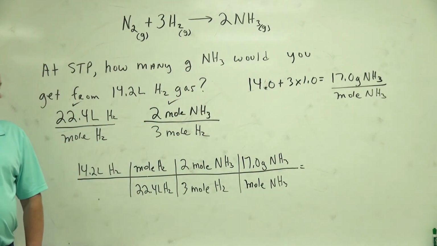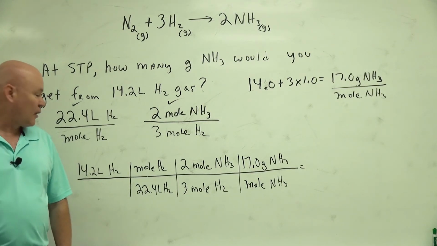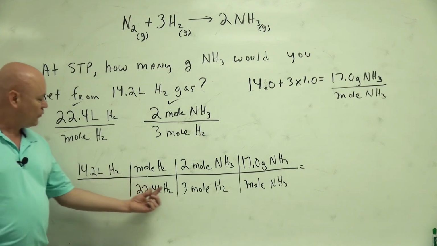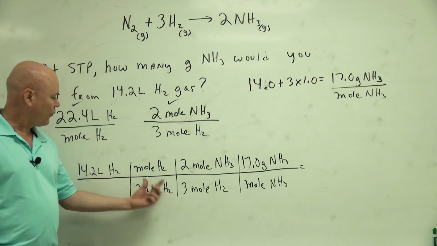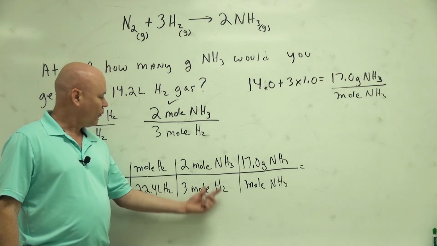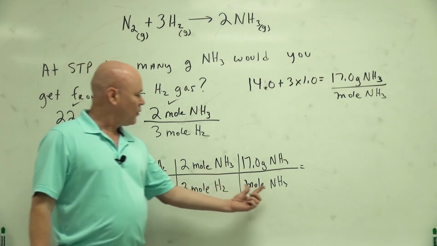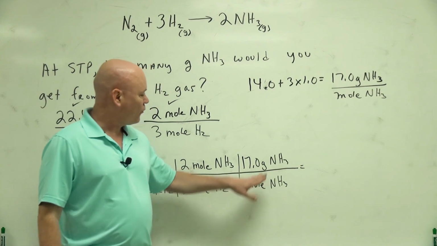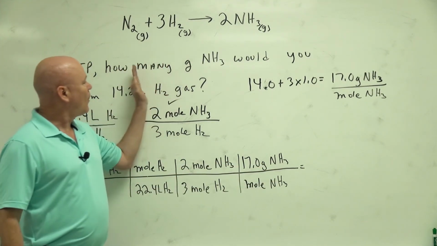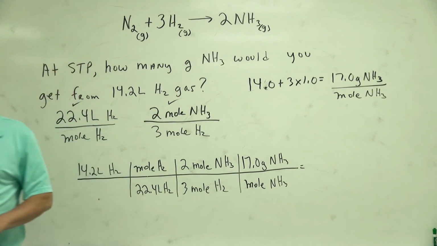I should be done, but let's make sure that units cancel. Sure enough, liters H2 cancels, moles H2 cancels, moles NH3 cancels. We're left with grams ammonia, and it's what we want to know. How many grams ammonia would you expect?